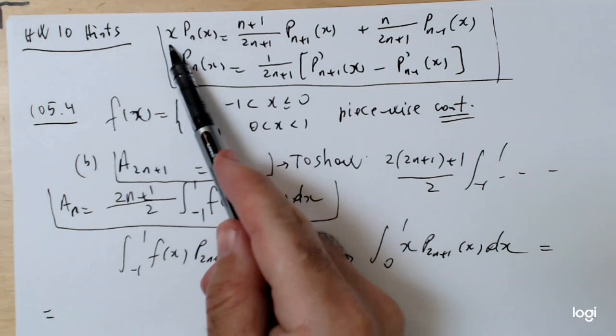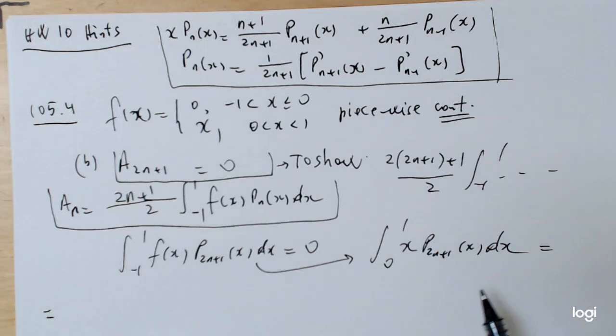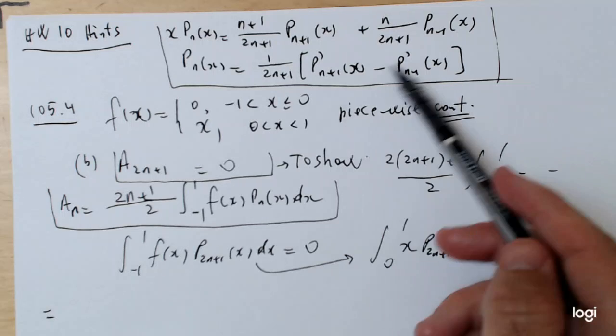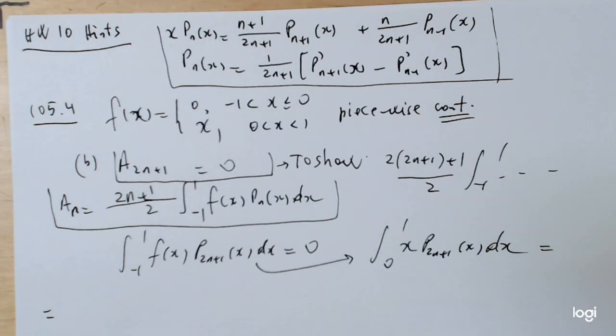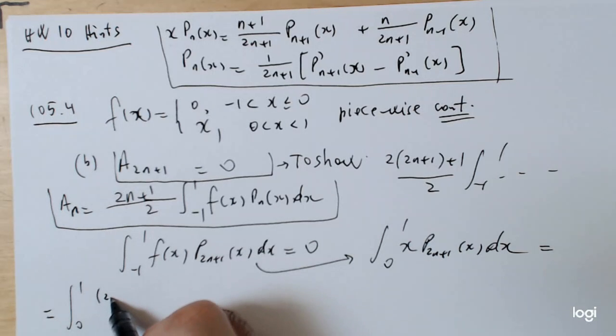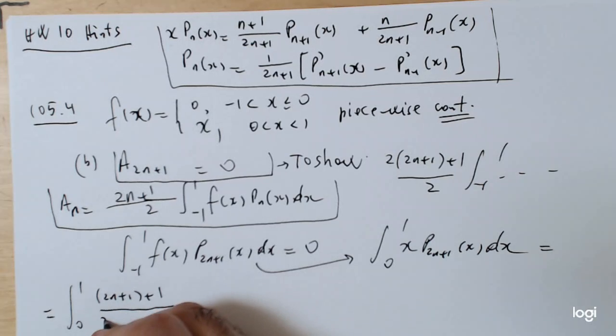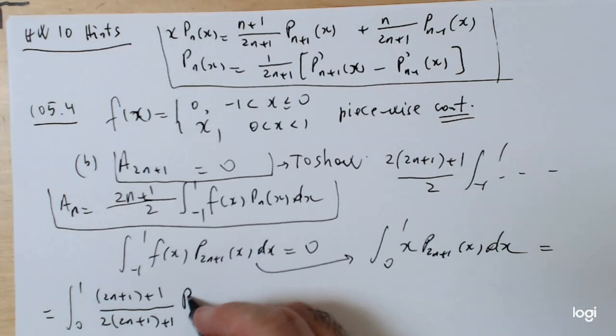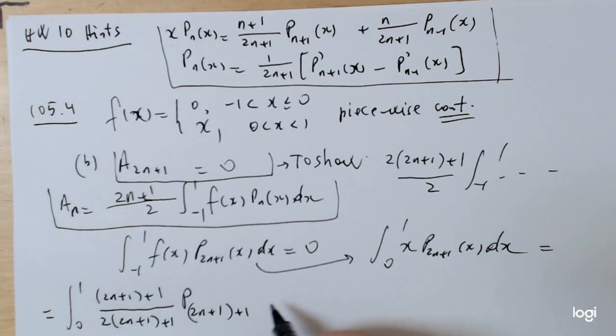So you first have to use this formula for x p2n plus 1. That means you replace n with 2n plus 1 everywhere in that integral. Try to do it in your mind to speed up the process, but now I want to emphasize the substitution, just to be clear.